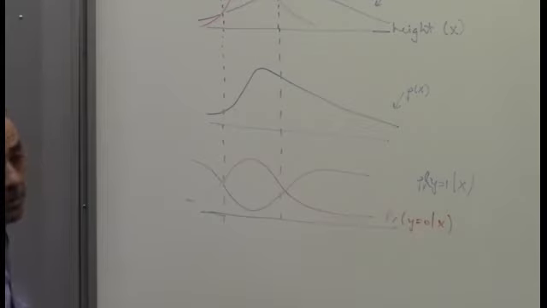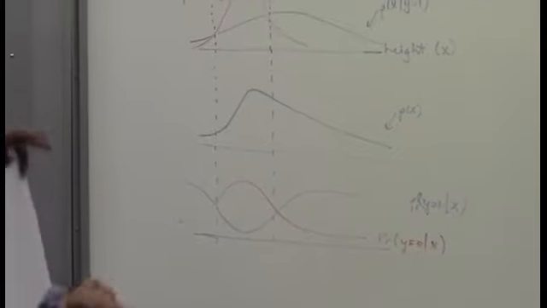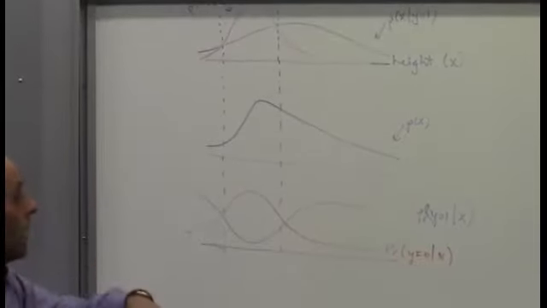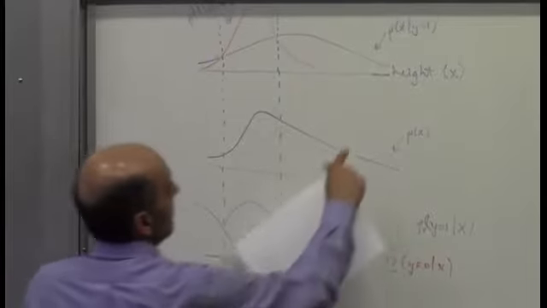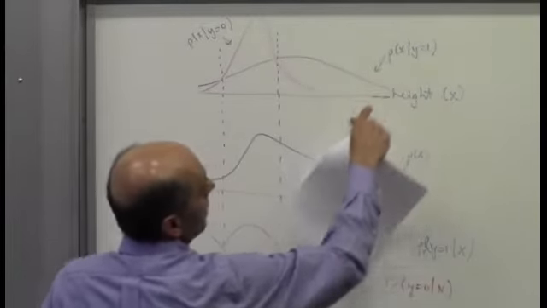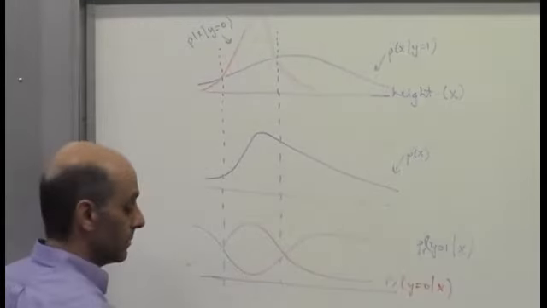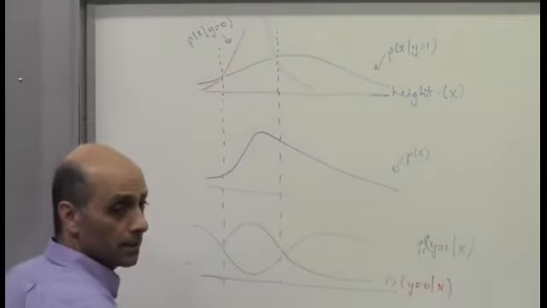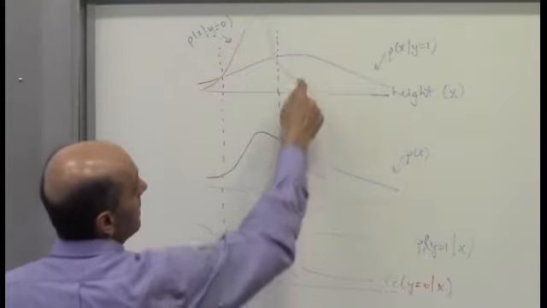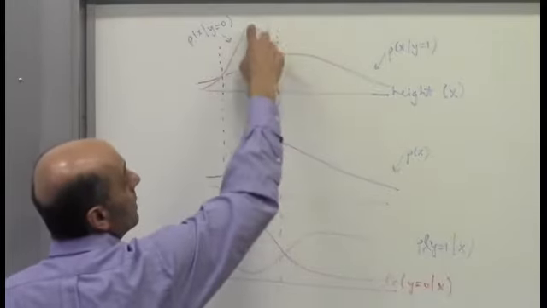The prior probability, what does that do? If the priors are unequal, then the two get weighted by different numbers. If the prior probability of y equal to 1 is large, say you have a 90% chance that what you're looking at is a male, then this thing gets pushed up and this gets pushed down.